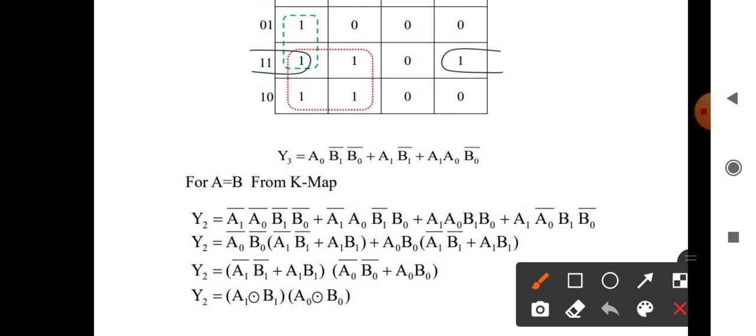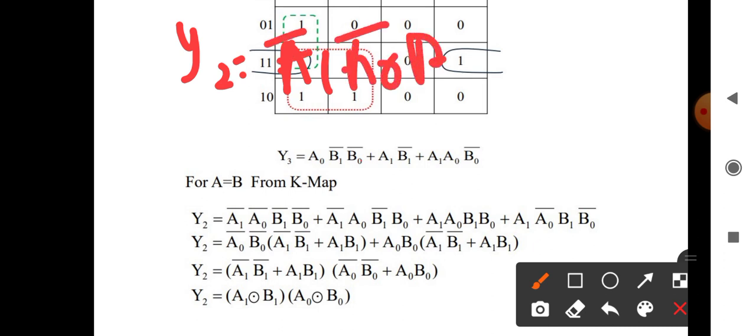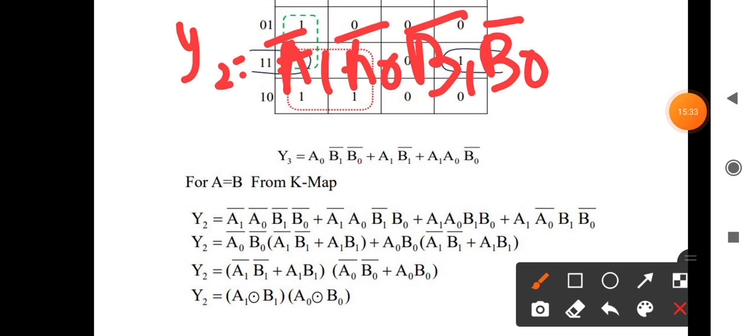I just write down this one, y2 is equal to a1 complement a0 complement b1 complement b0 complement. So see here, we are simplifying these two terms and these two terms.